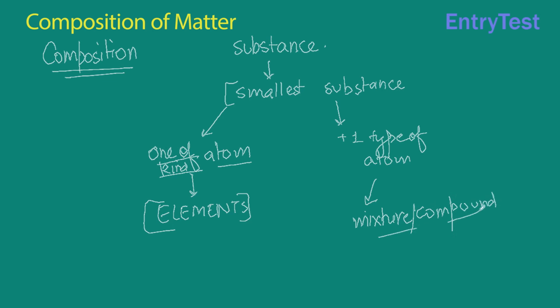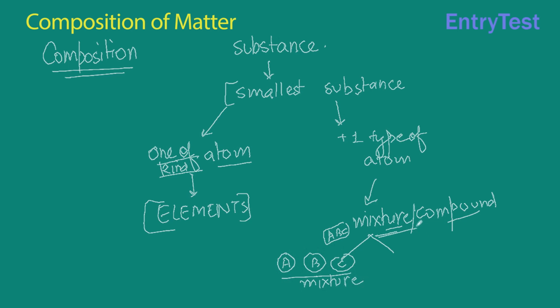Now, what about a mixture or a compound? If you can separate them into its components, let's say the mixture is made up of A, B, and C. And out of that, you can say that, okay, this is component A, this is component B, this is component C. If you can separate the components, that is known as a mixture.